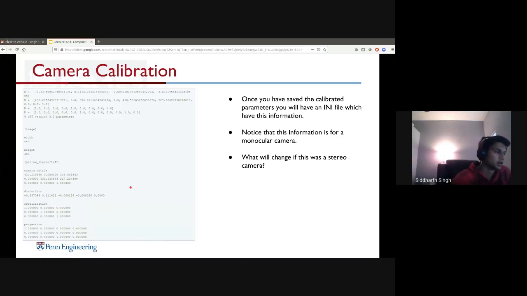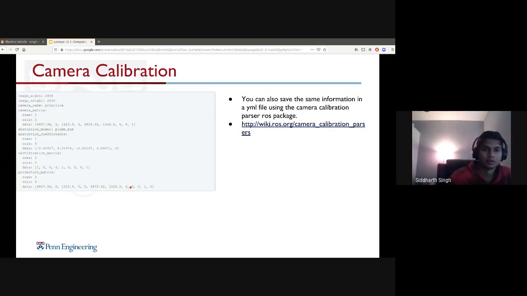But if you'll be using the AprilTags method, you'll be only using a monocular camera, and this will be more than enough to work with, right? This is another way that the data is stored.